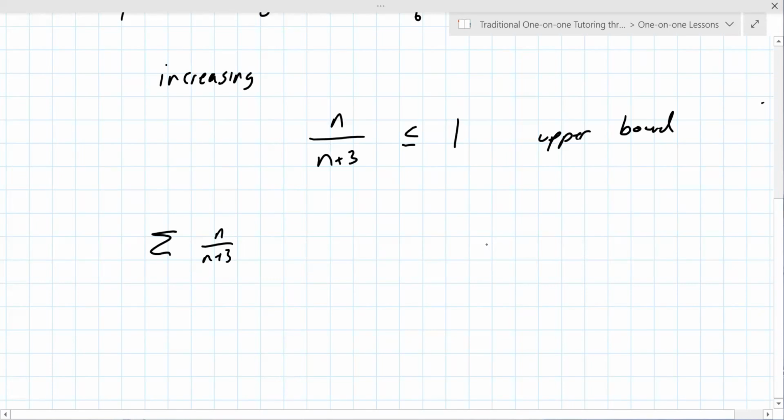It's like, do the numbers approach a value? This one would fail the divergence test, because the limit as n goes to infinity of n over n plus 3 equals 1, which does not equal 0. So it immediately fails that.